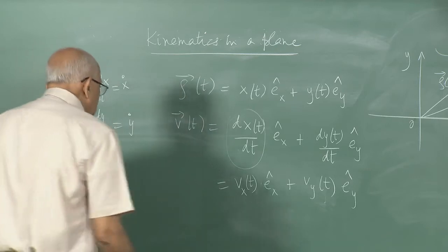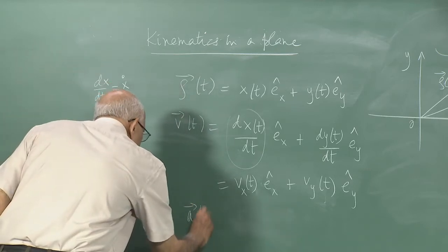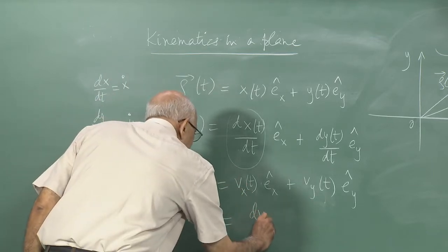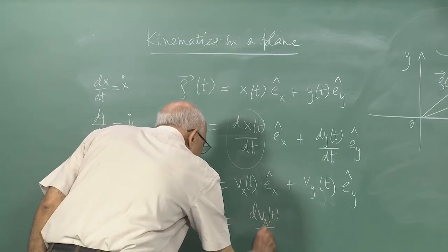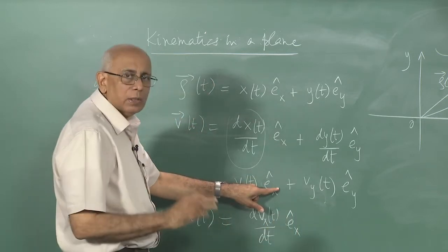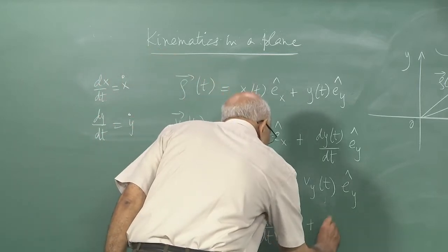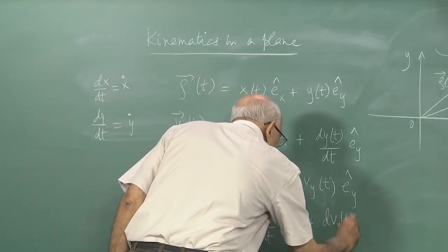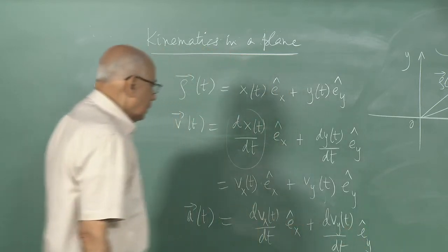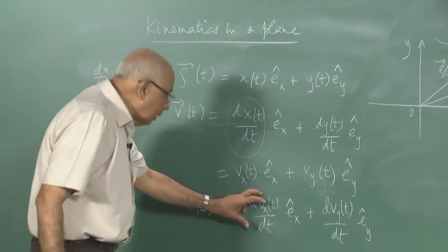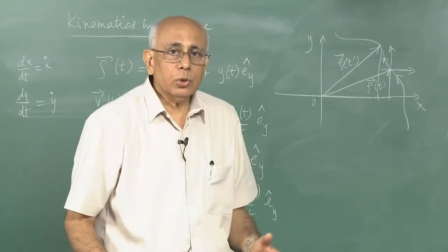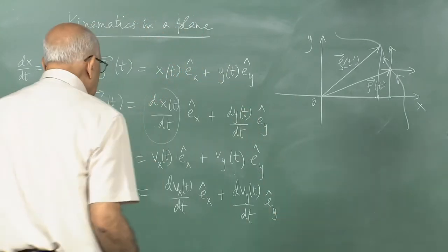Now what about the acceleration? A of t is the derivative of this quantity, so it is dVx of t over dt times Ex, once again there is no derivative of Ex because it is a constant vector, plus dVy of t over dt times Ey. And these in general could also be functions of time. There is no reason why the acceleration should be uniform, although that is a special case.